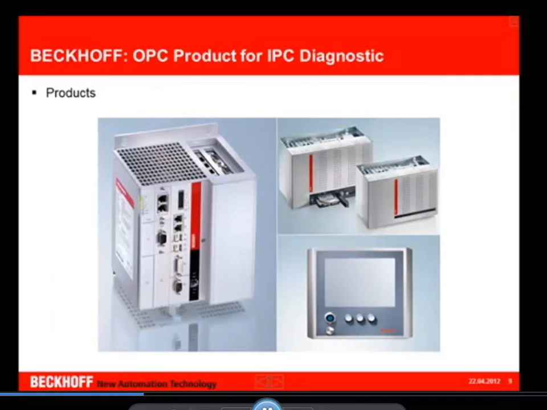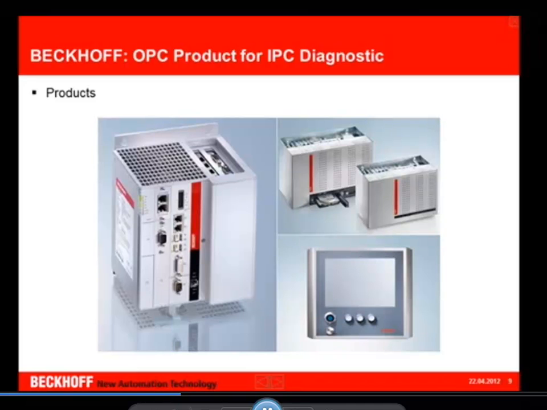Beckhoff integrated Unified Architecture into two major products. First of all, we have a royalty-free OPC UA server delivered with each Beckhoff industrial PC. Because the industrial PC is the heart of a machine, of course we always need a good status of the machine: the CPU temperature, if it has a fan, the speed of the fan, how much memory is consumed, and so on.